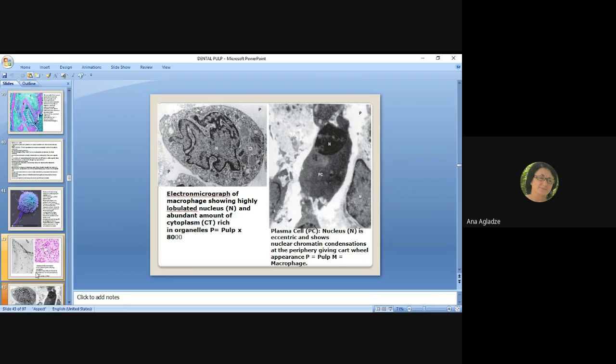They are present in connective tissue, in the vicinity of blood vessels. They are called perivascular mast cells, and their differentiation depends on T cells.